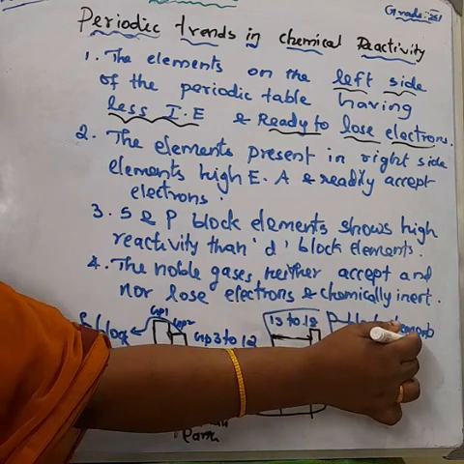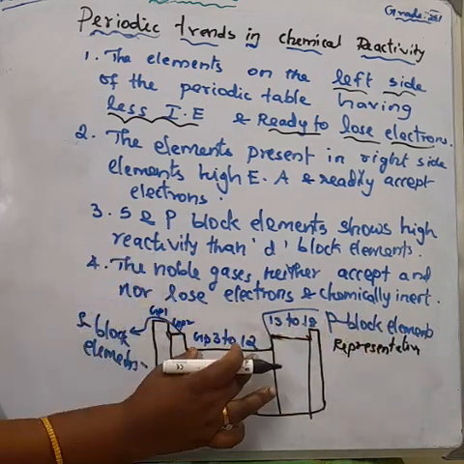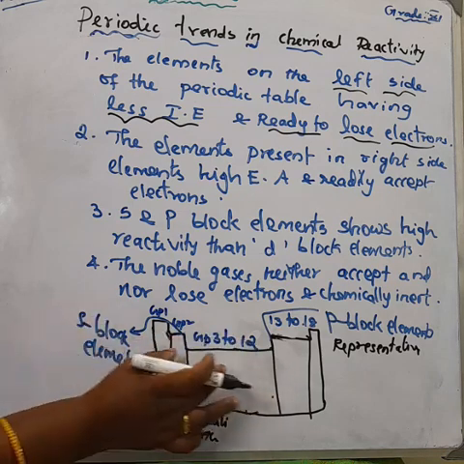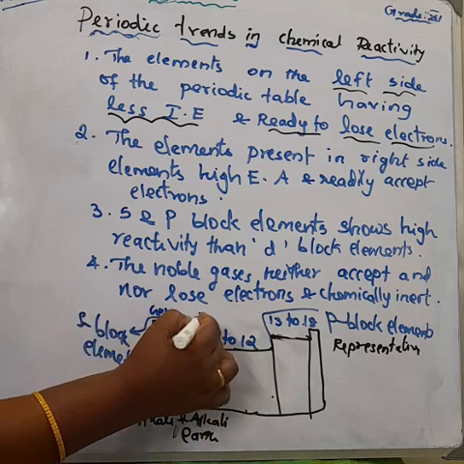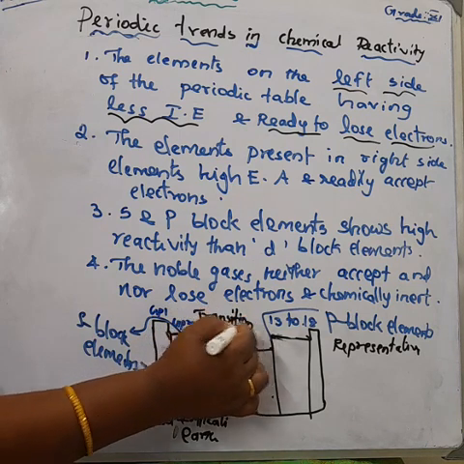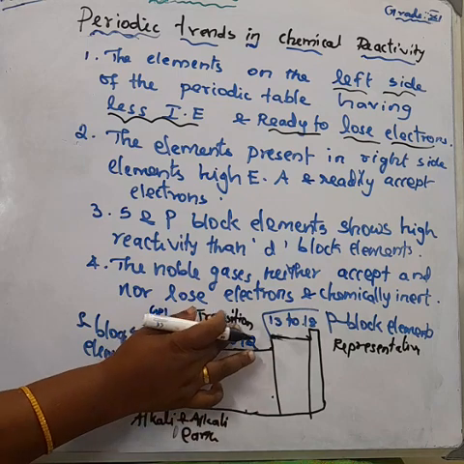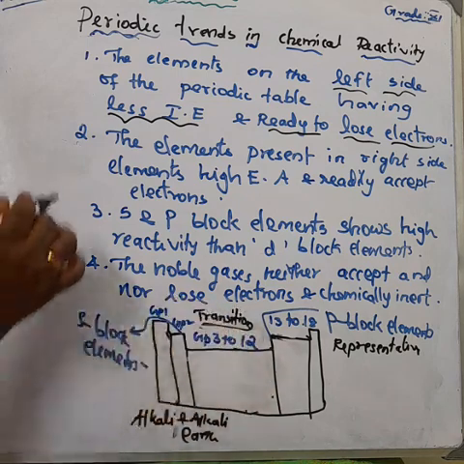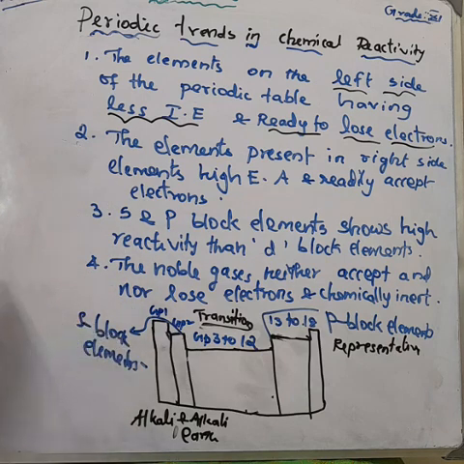The elements present in the middle of the modern periodic table we call the transition elements or inner transition elements. We know the elements on the left side of the periodic table have less ionization energy. What do you mean by ionization energy?